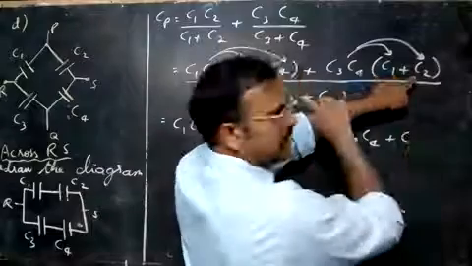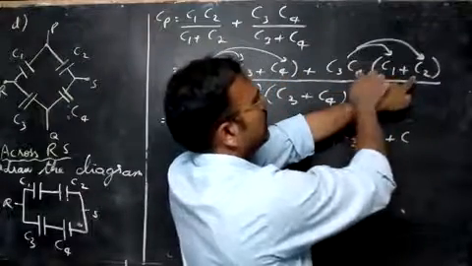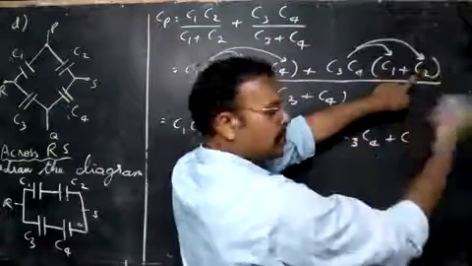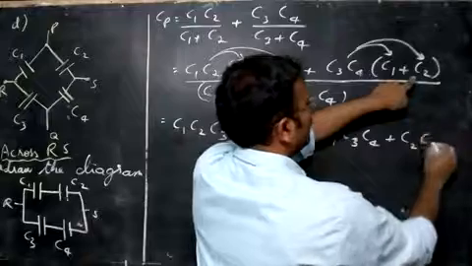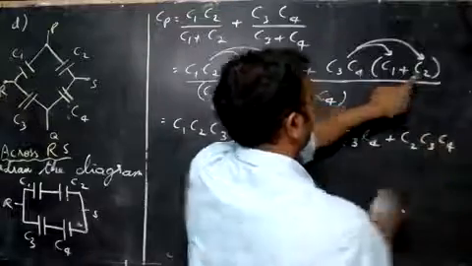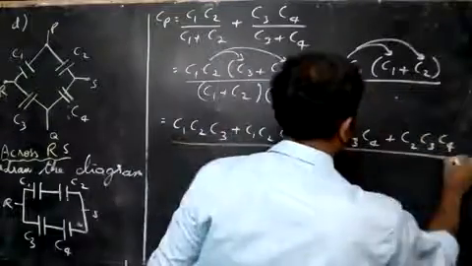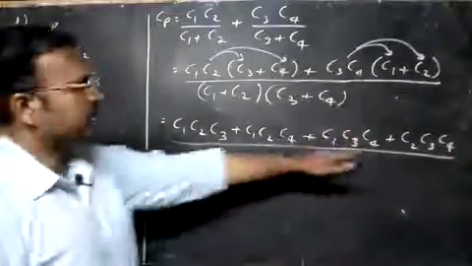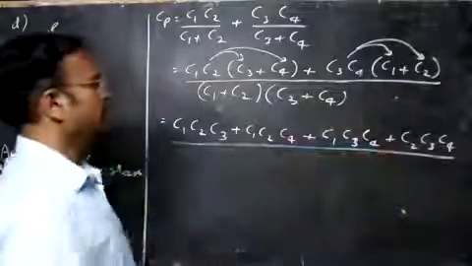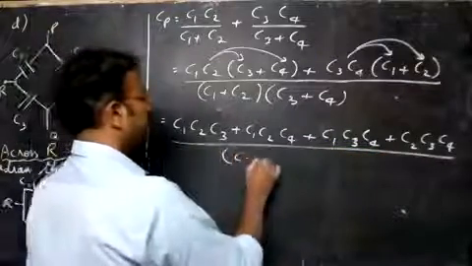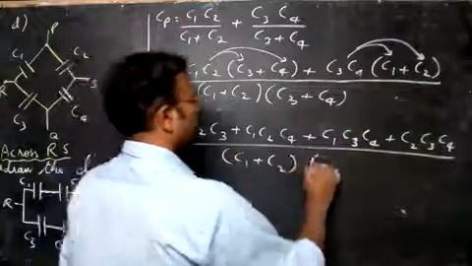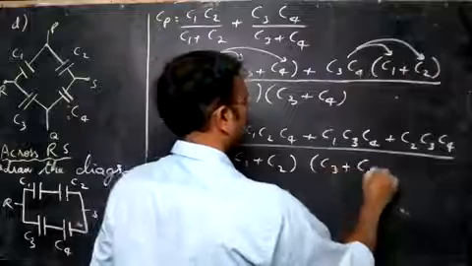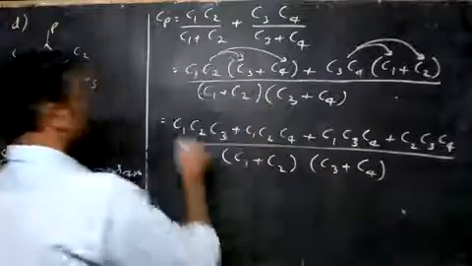We can also write the other way, C3 C4 then C2, both are correct. So C2 C3 C4, divided by C1 plus C2 into C3 plus C4. If you write this way, it's very easy for everyone to understand. So this is the value that we need.